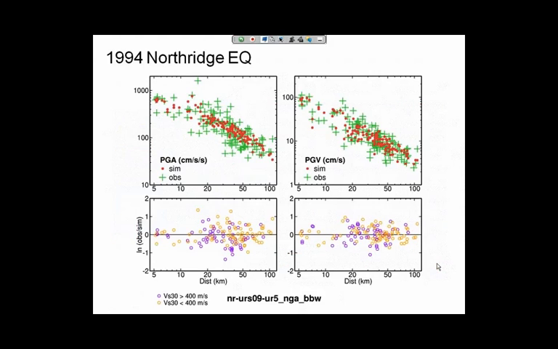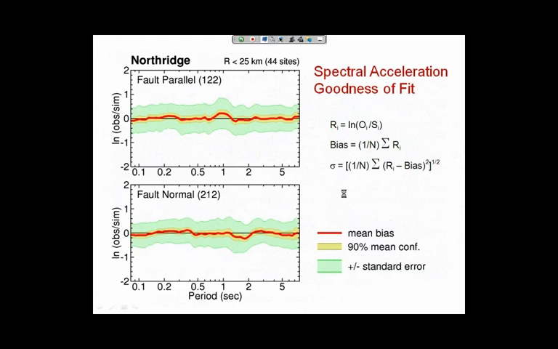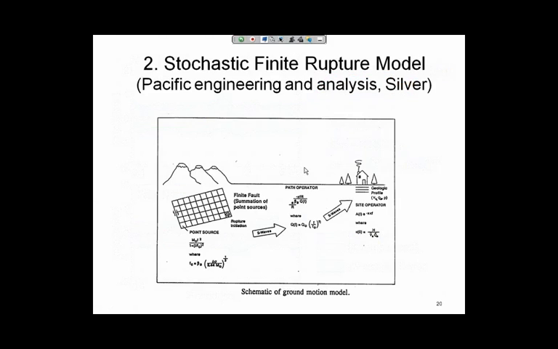That's how they match at different distances, so PGA, PGV. Those are the bias and standard errors across a wide frequency range from about 10 hertz to about 5 or 7 seconds, and it's doing quite well.